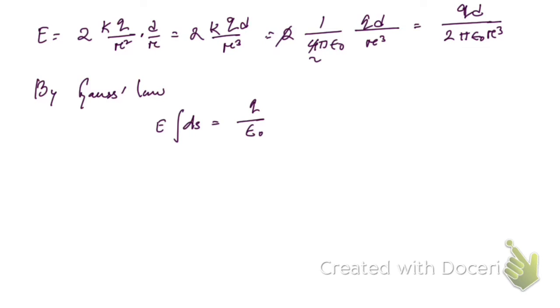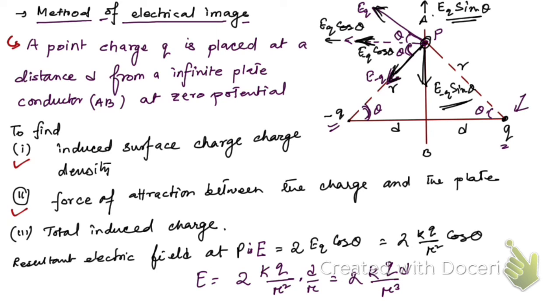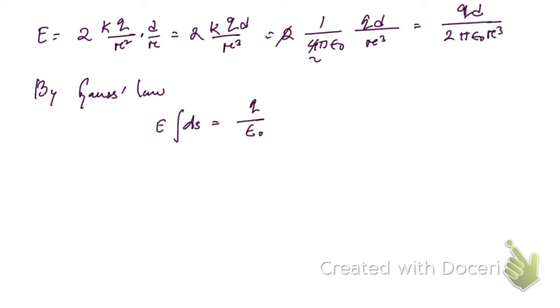As we are taking a positive charge here, the charge induced on this surface will be negative, so we put a negative sign. Then it is equal to minus q by epsilon naught. The integral of ds represents the area, so q over area is the surface charge density sigma, so this gives sigma by epsilon naught, where sigma is the surface charge density.